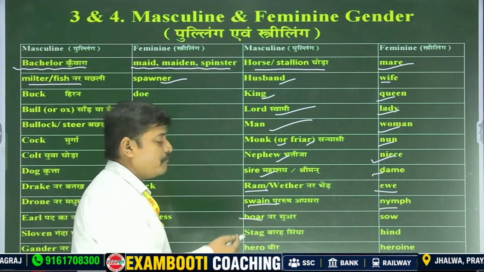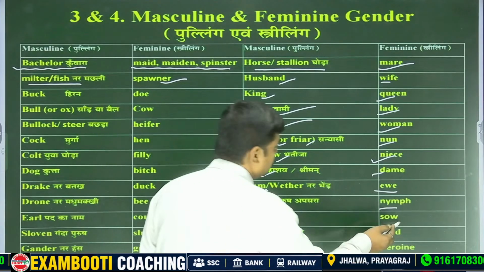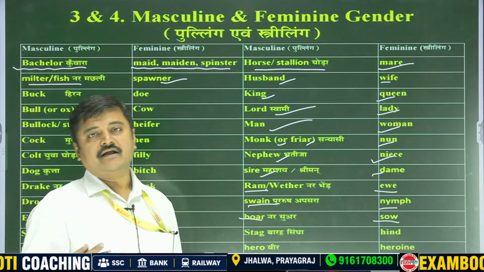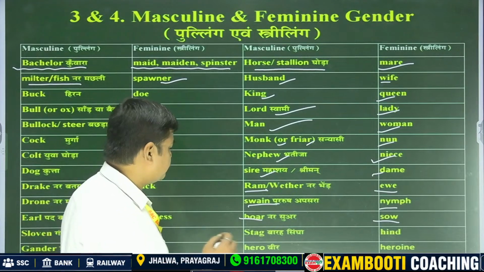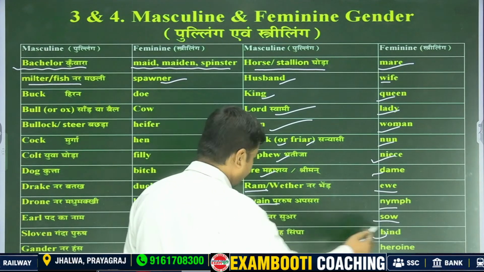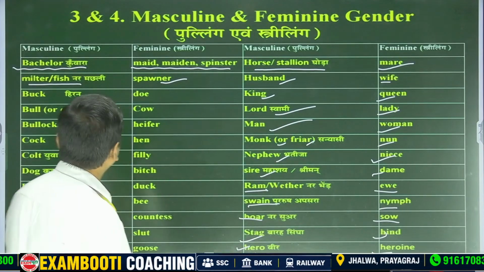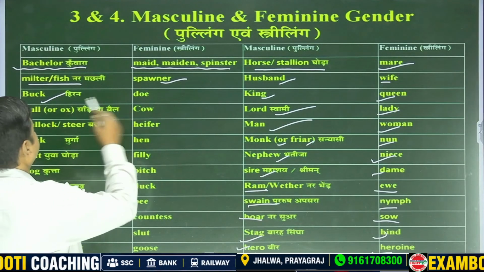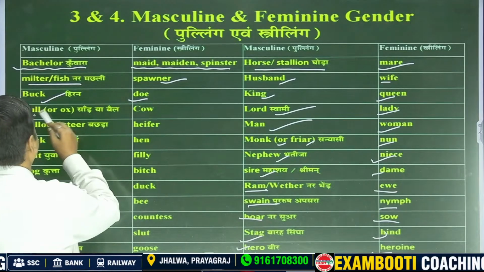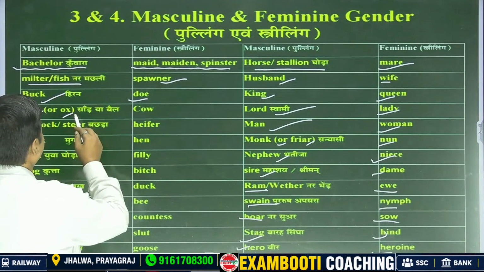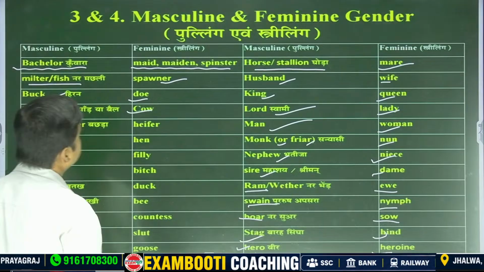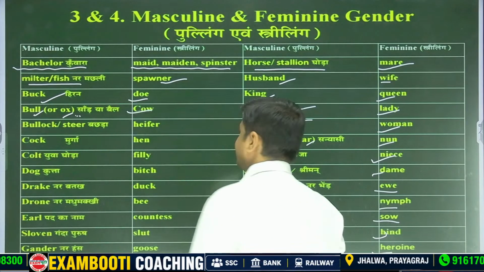Boar, that is a male pig, and sow is a female pig actually. Stag and hind. Hero and heroine. Buck and doe. Bull or ox, that is actually masculine gender and cow is its feminine gender.